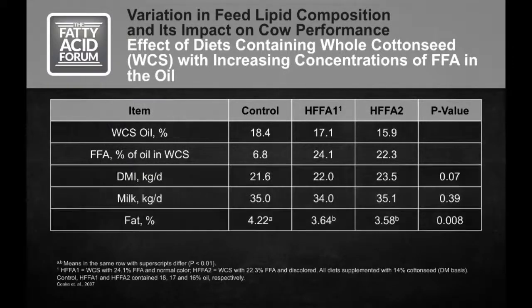And in this case, the only difference was the amount of free fatty acids in the cottonseed, but as you can see here, we get a much lower accumulation of milk fat in these diets that had the high free fatty acid cottonseed present, supporting this concept that the amount of free fatty acids present in these cottonseed samples may be negatively impacting biohydrogenation and increasing the amount of negative biohydrogenation intermediates that are responsible for causing low milk fat.